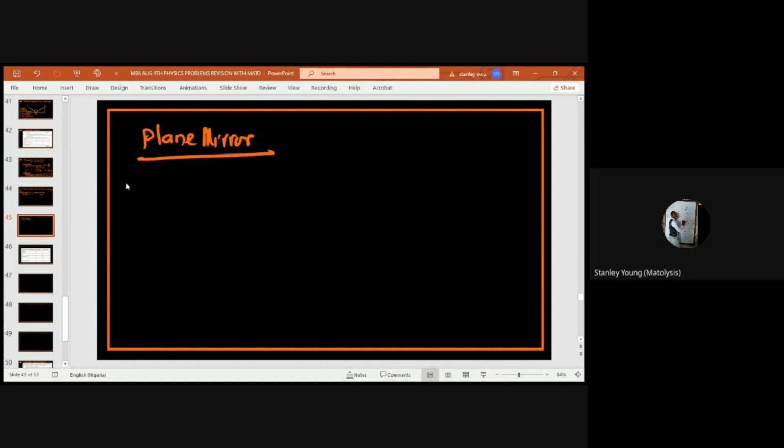What are the uses? Number one, you use it as a viewing mirror. Number two, it's used in a device called a sextant. Number three, it's used in the making of a simple periscope.